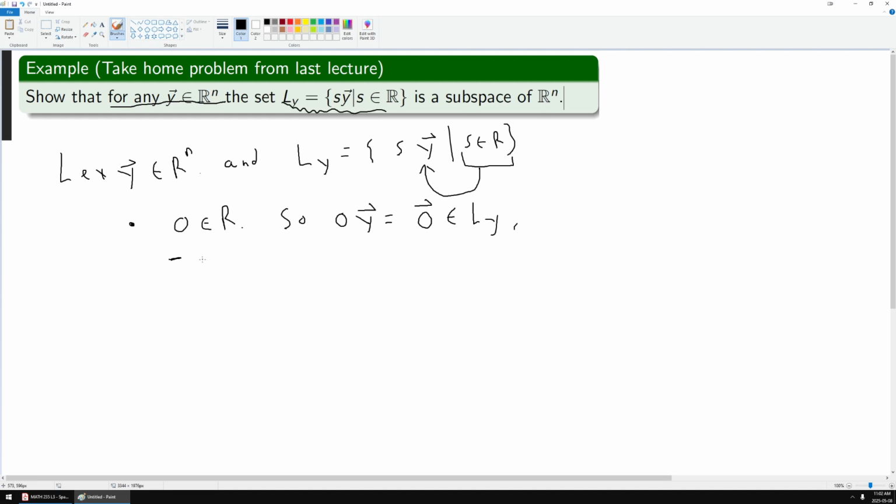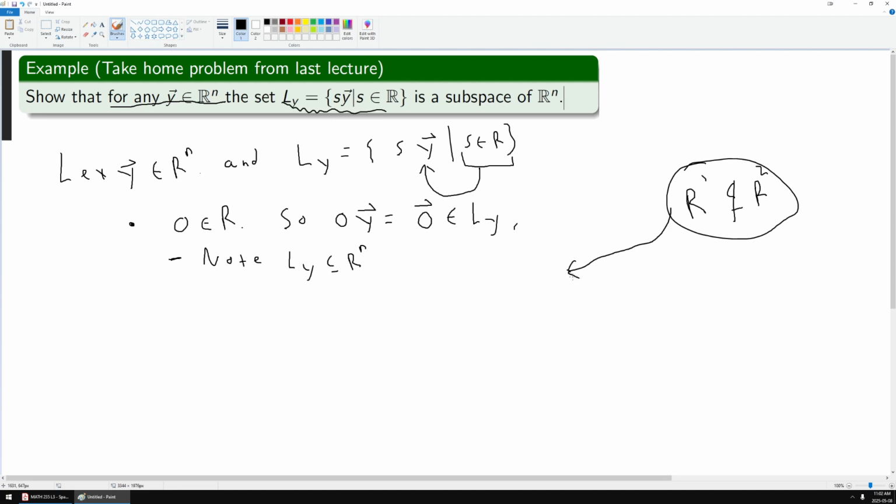So we're just going to say, note that Ly is a subset of Rn. Now it might seem silly that we have to do this, but again, we have things like R1, perfectly valid vector space, but it's not a subset of R2, therefore it fails to be a subspace. Because of things like this, we always have to check that, and you have to explicitly mention it.